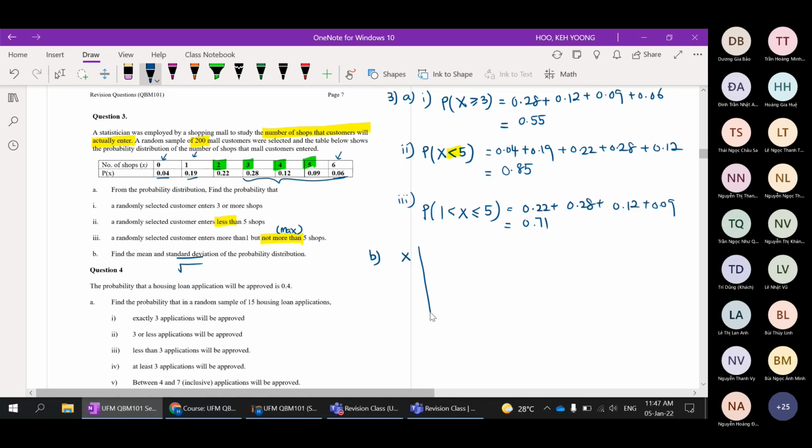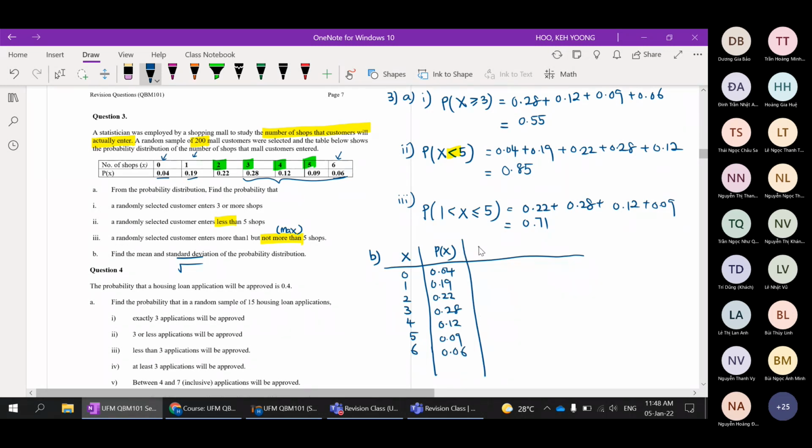You have the X value, so list down the X values, and then the probabilities: 0.22, 0.28, 0.19, 0.2, 0.06.